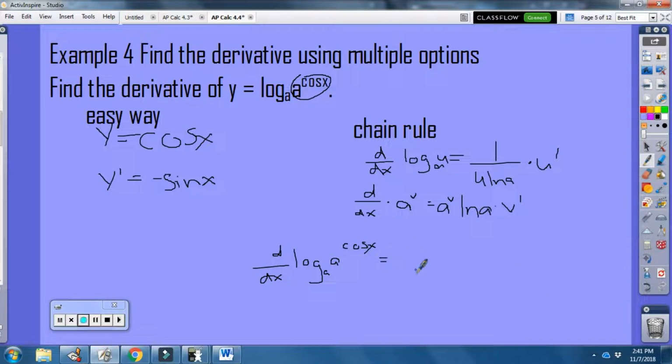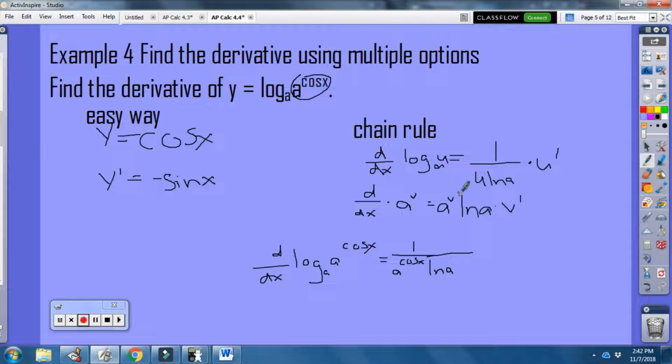That derivative will do the derivative of the outside, so we'll have 1 over u, we'll use my inside, it's a to the cosine of x, times natural log of a times u prime.